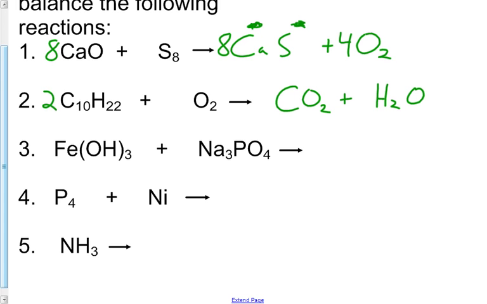So we do that. I need a 20 here. 2 times 22 is 44. 22 times 2 is 44. 20 times 2 is 40, plus 22 more is 62. So we need 31 here. So 1 mark for CO2, 1 mark for water, 1 mark for the balancing.